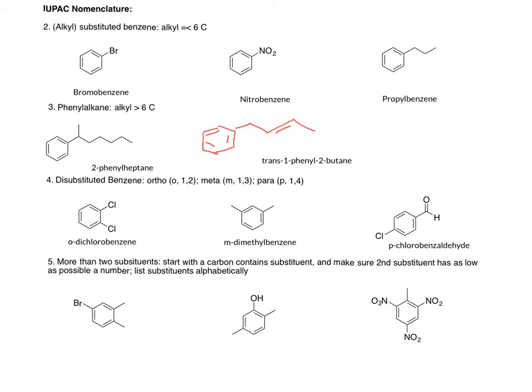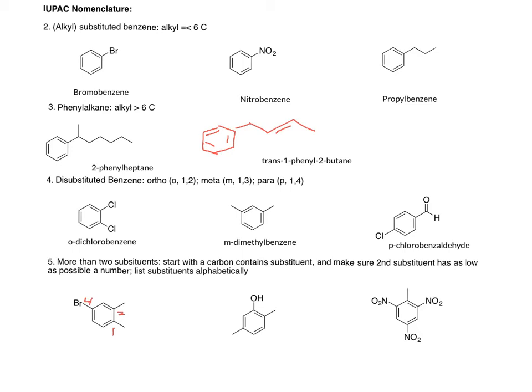For this compound, in order to make sure every substituent has the smallest possible number, you should number this carbon as 1 and number the rest of the carbons counterclockwise as 2, 3, 4, and so on.